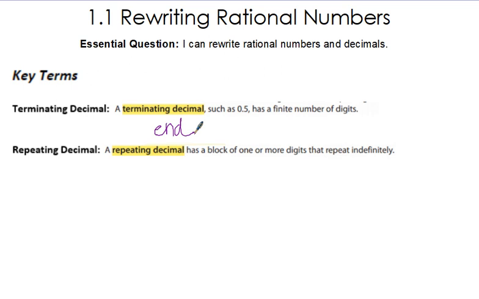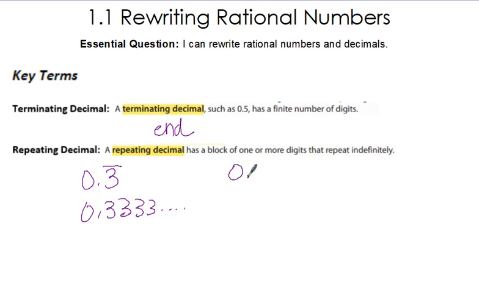A repeating decimal has a block of one or more digits that repeat indefinitely. This is the kind where we can put the line on it, right? So examples, 3/10 repeating. That means it's this, right?